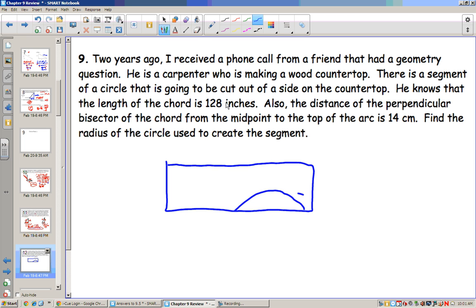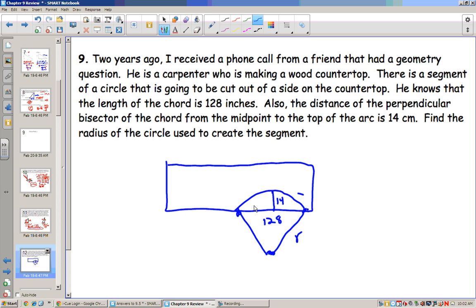So he knew that this distance was 128 inches. He knew that this distance was 14. So if that's part of a circle, he wanted to find this radius. Well, the perpendicular bisector of a chord always passes through the center of the circle.